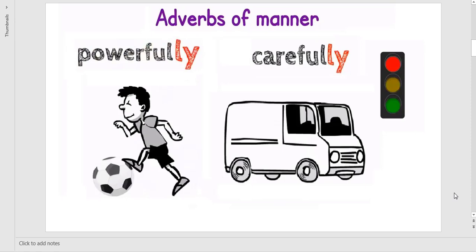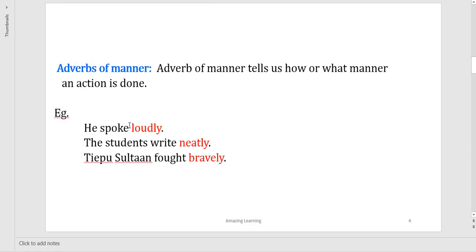Similarly, you have to drive the car carefully. Drive is a verb, and you have to do it carefully, meaning that verb has been qualified by another word, which is the adverb itself, carefully. A few more examples: adverbs of manner tell us how or in what manner an action is done.